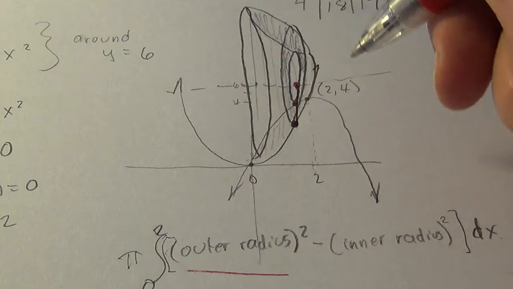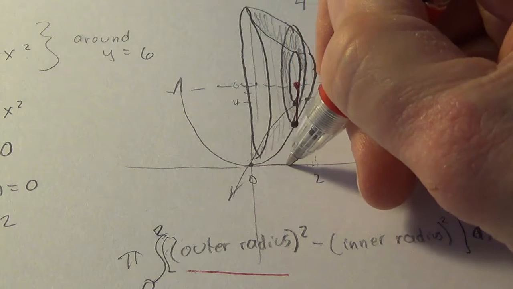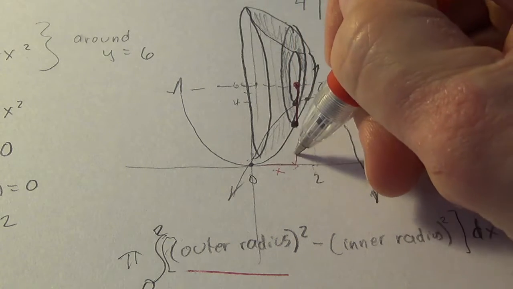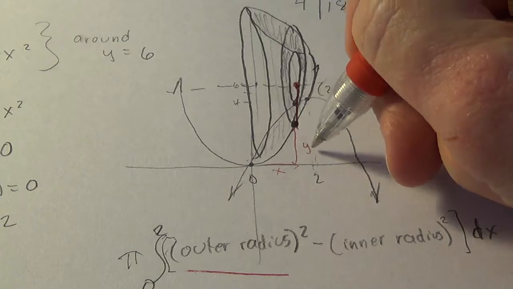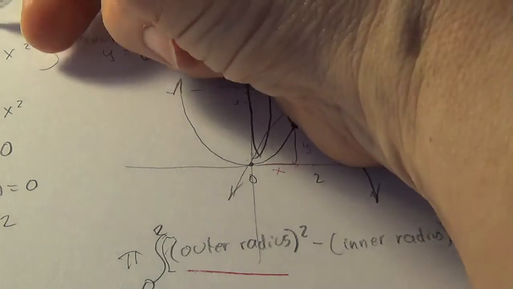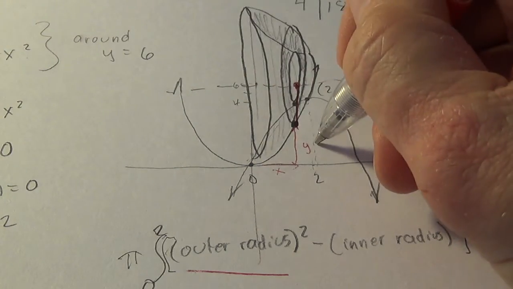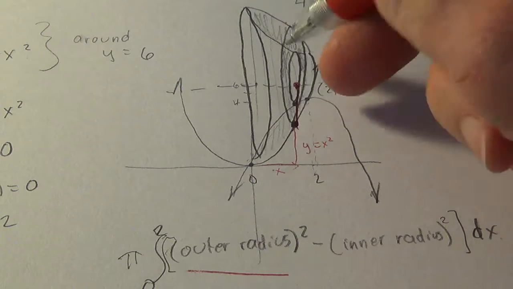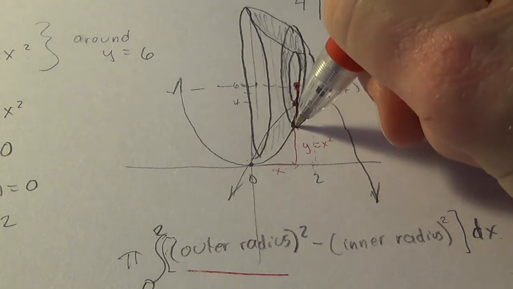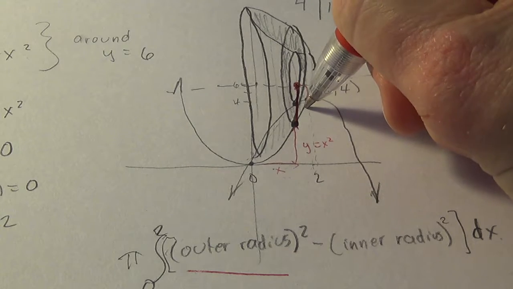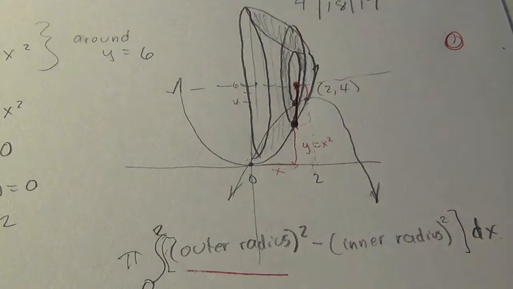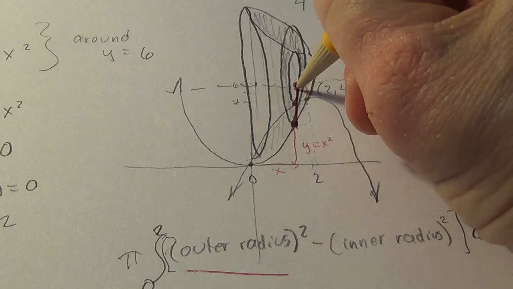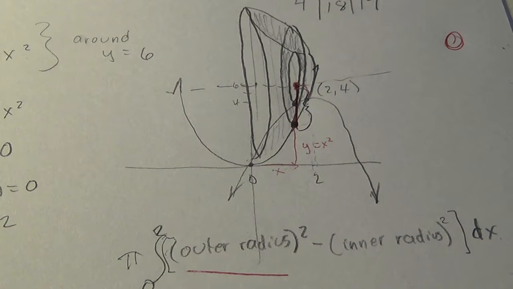This is the outer point. To get to that point, I went over x and up y. Which y value is it? It's the parabola y equals x squared. Now I am going to represent that distance. This is the radius, from here to here. It's getting close and hard to see, so I was trying to add some color. It's not very clear. Let me see.